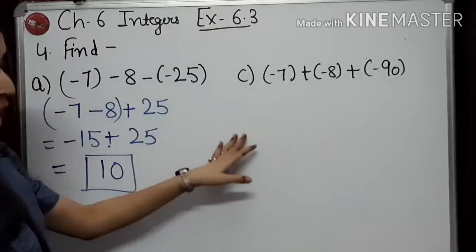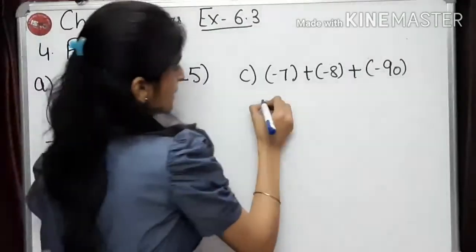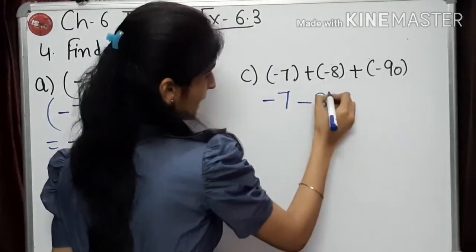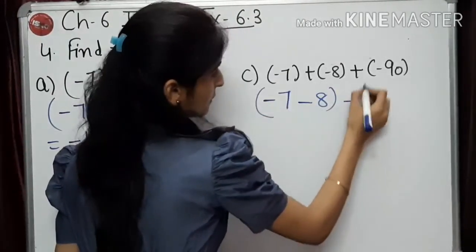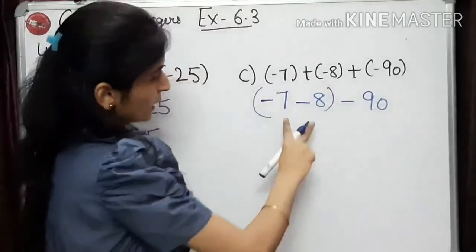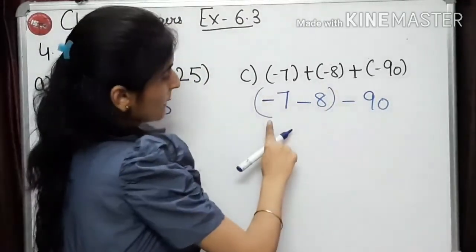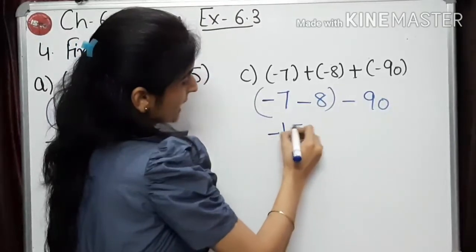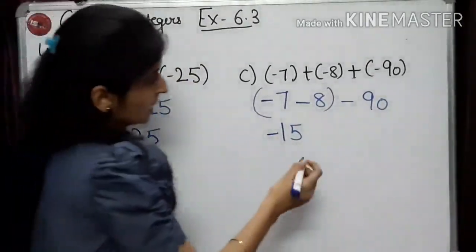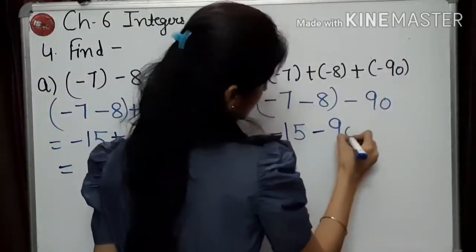Now C part is minus 7 plus minus is minus, minus 8 plus minus is minus 90. Now first of all we will solve these. So minus 7 minus 8 is minus 15 again, like we have done in A part. Now minus 90.